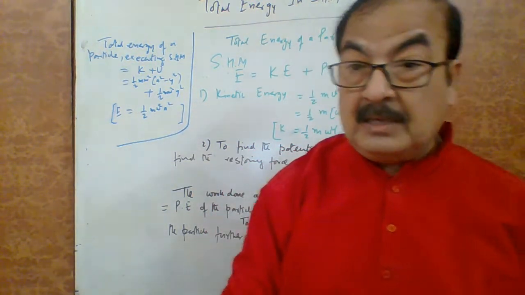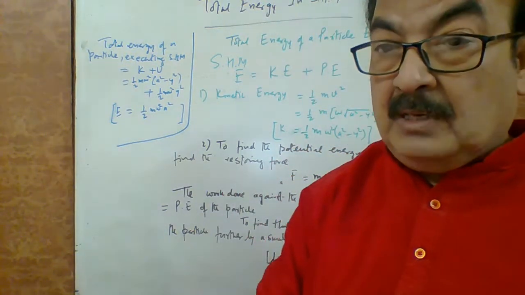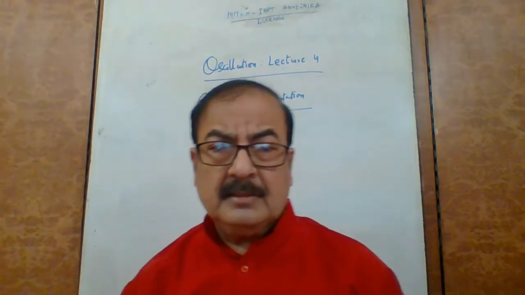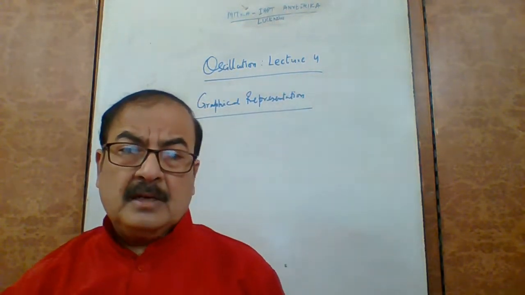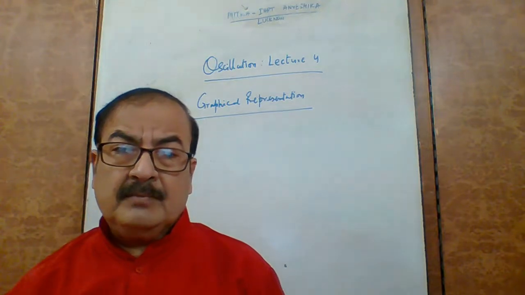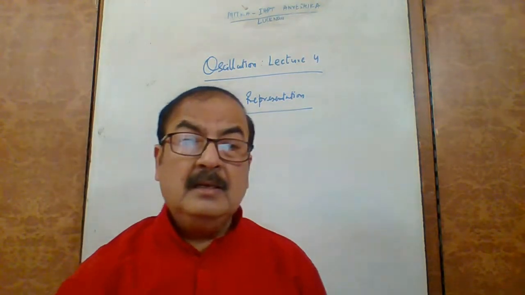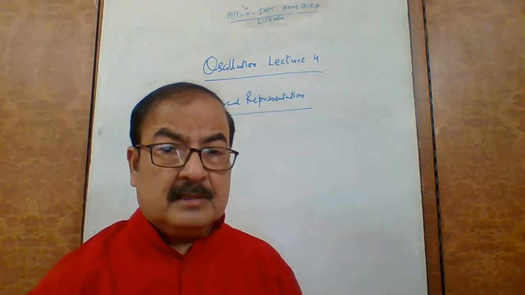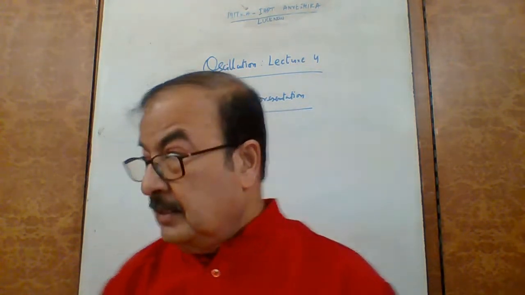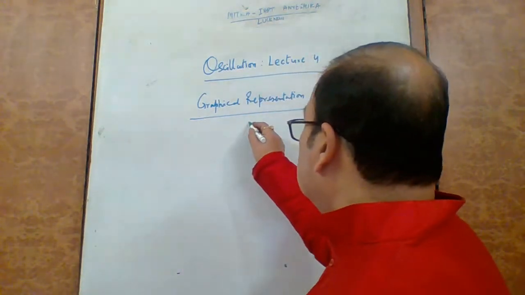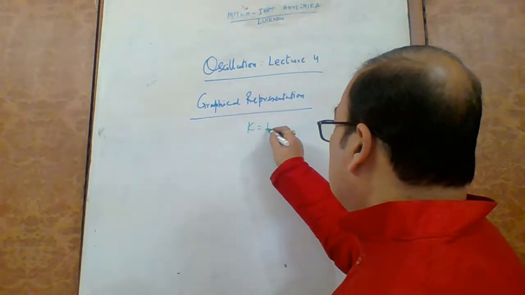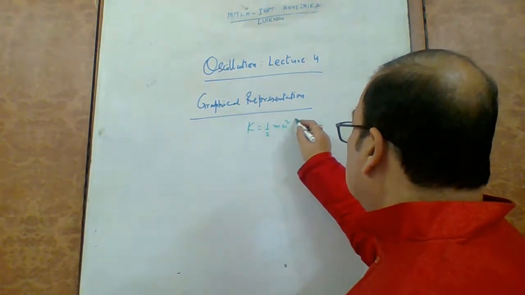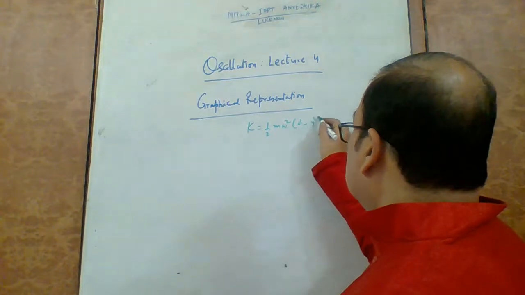Let us see how we actually exactly take this in graphical form. Now when we discuss graphical representation, तो कैसे ग्राफ से हम इसको एनर्जीज को दिखाएंगे कि पोटेंशियल एनर्जी कैसे बढ़ता है कैसे घटता है, and how we change the kinetic energy with distances, with positions. Let us see, the expression for kinetic energy is 1 by 2 m omega square (a square minus y square).